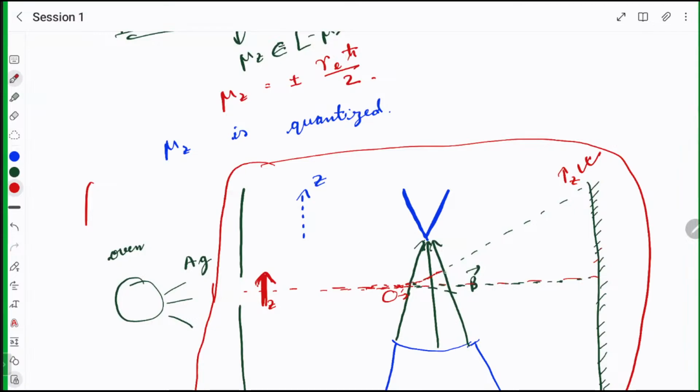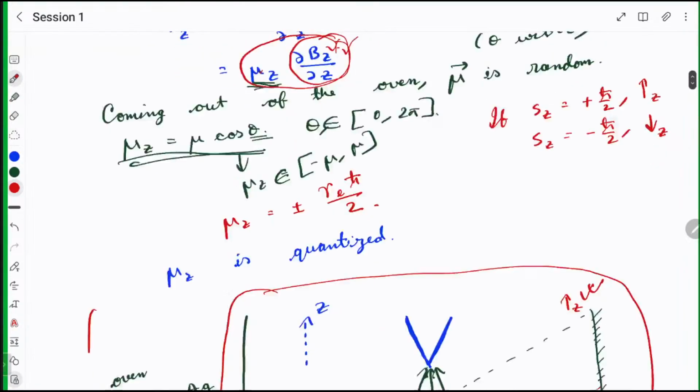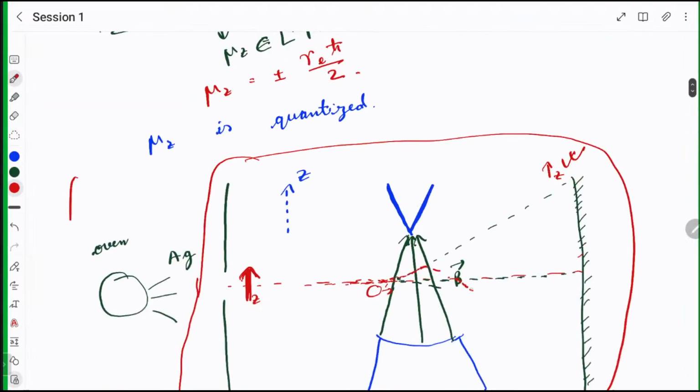Then mu z will now become negative, and it will follow some trajectory like this.